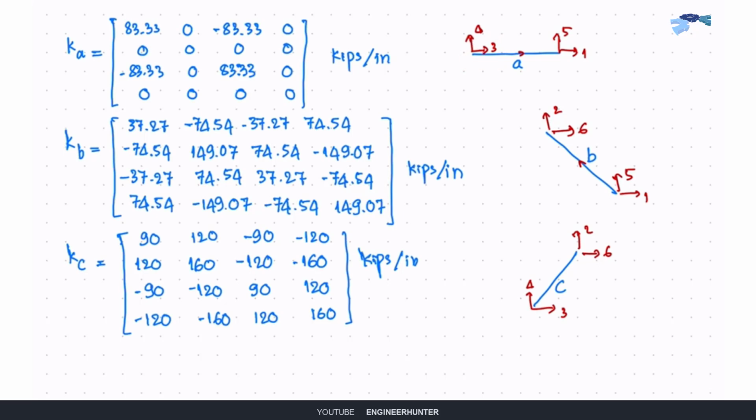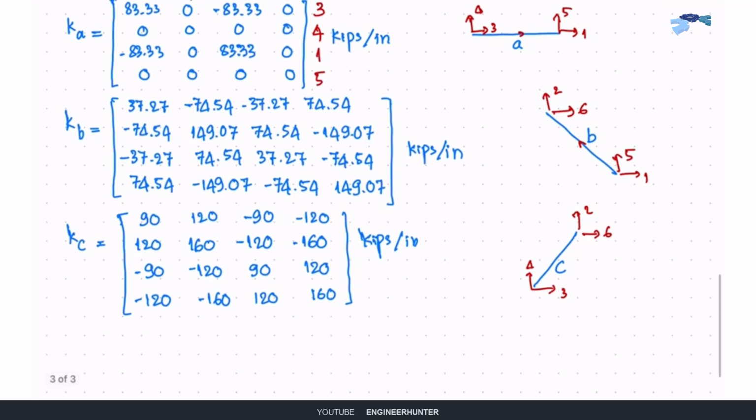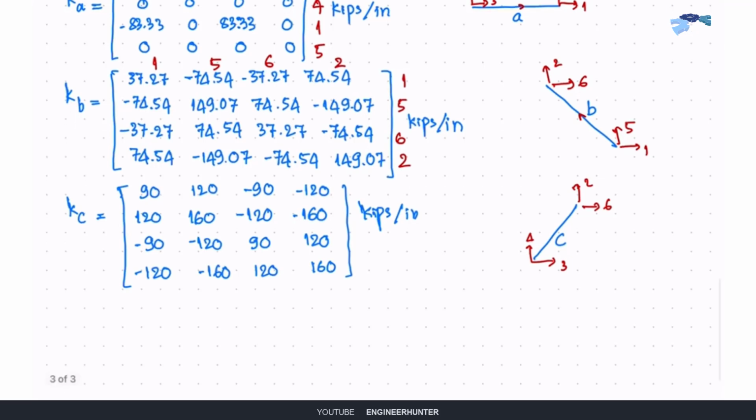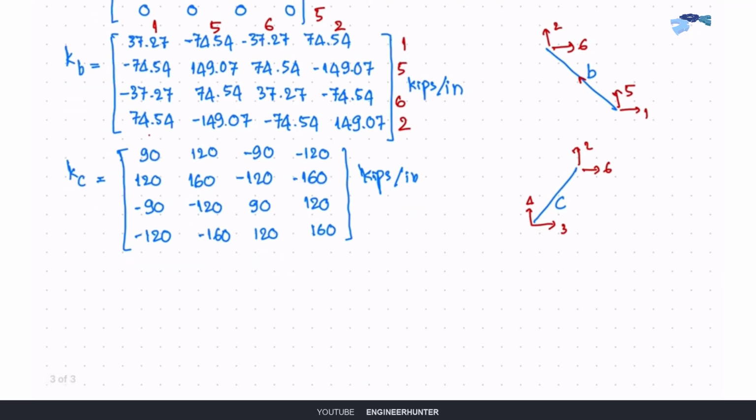So this will be 3 4 1 and 5, and for the row number it also like that, 3 4 1 and 5. And for the element B, it also the same. It starts with 1 5 6 and 2, 1 5 6 and 2, and also the same for the element C. I'm going to put the direction here.